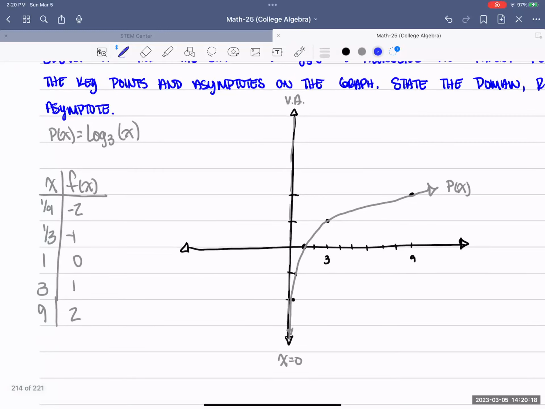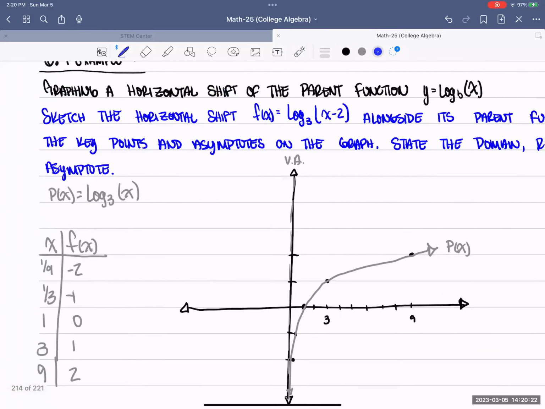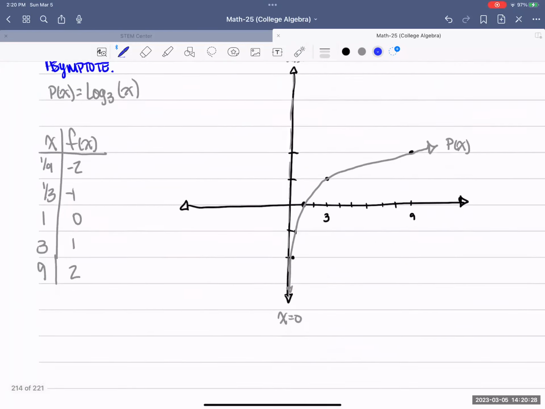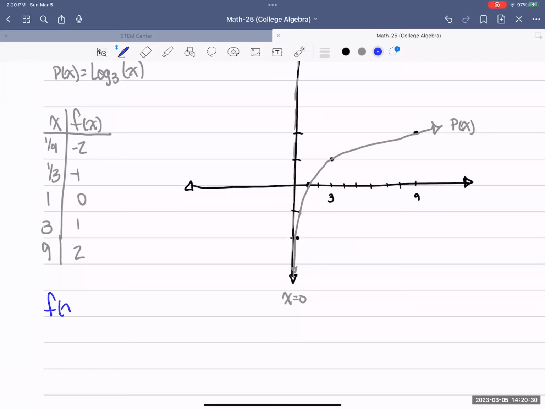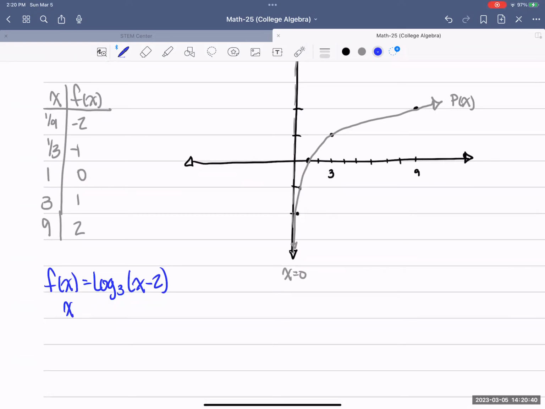And now let's do our actual graph in this form, in blue. So we'll have f of x equals log base 3 of x minus 2. So we have our inputs.